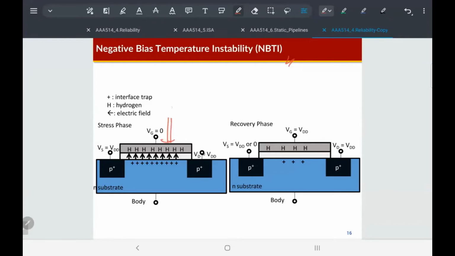When a negative voltage is applied to the gate of the PMOS transistor, holes can be captured at this gate of the PMOS transistor. You can see that this SiO2 is the insulator, the dielectric, so the holes cannot move through it to this gate.